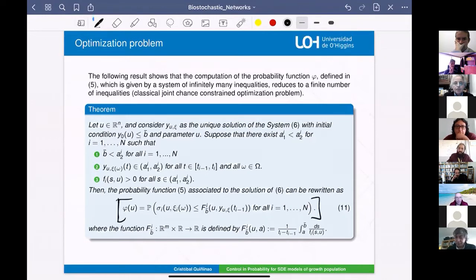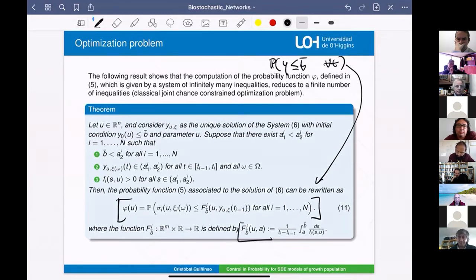Your probability no longer has the original set; the constraint was to have a probability that your solution is smaller than a safety level for all t. You can actually work with a finite set of inequalities. You go from infinitely many inequalities to a finite one when you have all these hypotheses that we have been working with. And the proof is actually really easy. That's why I'm going to show you.